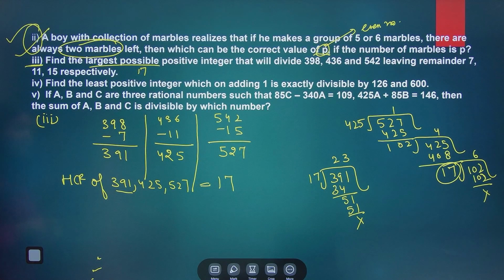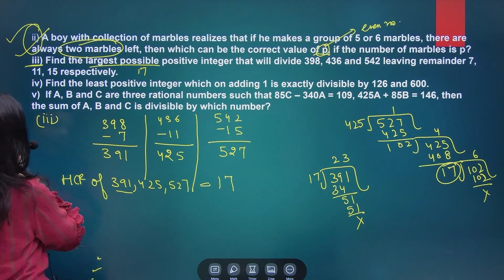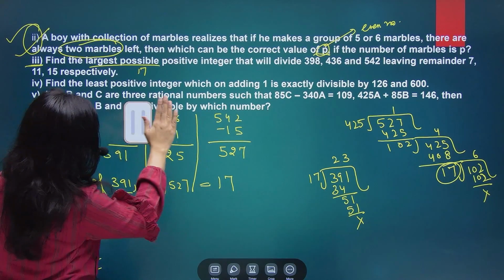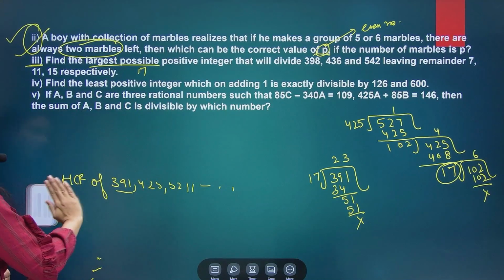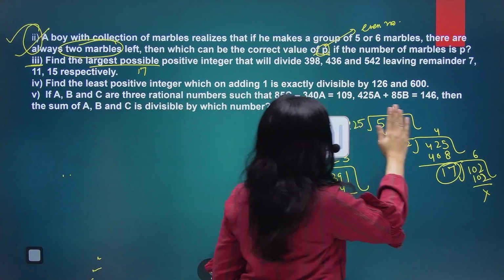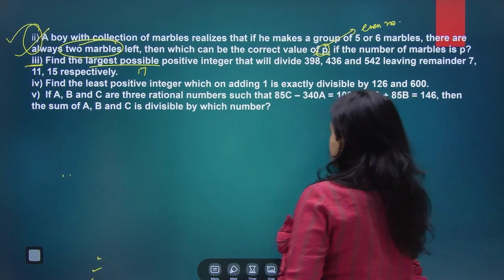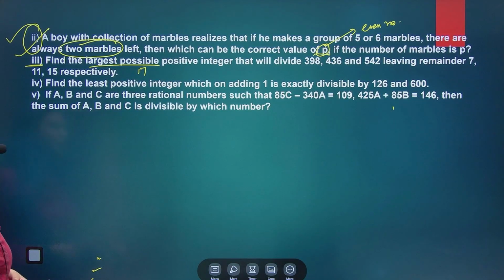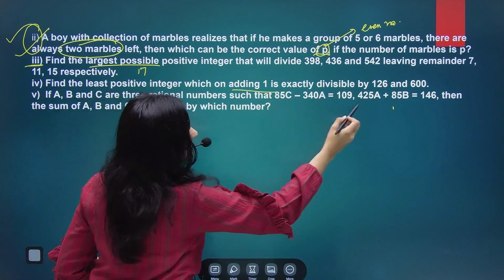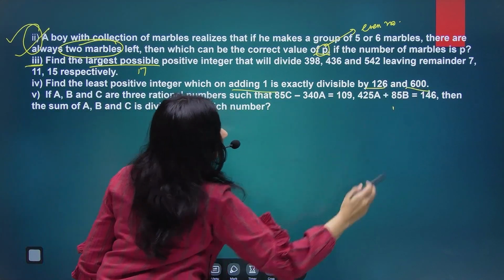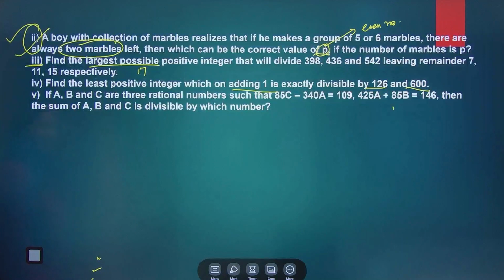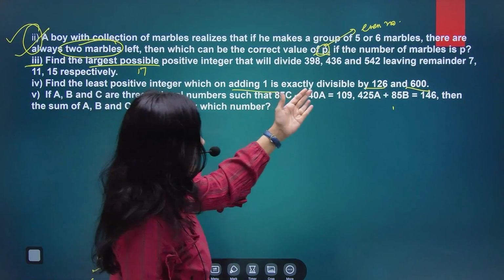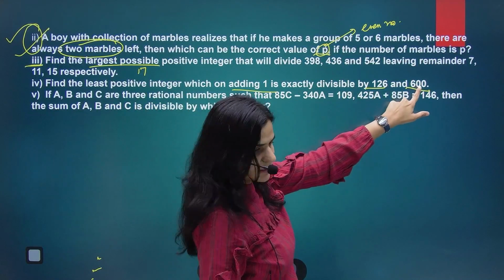Okay, now coming to the fourth part. Find the least positive integer which on adding 1 is exactly divisible by 126 and 600. So I have to look for a number which is divisible by this.